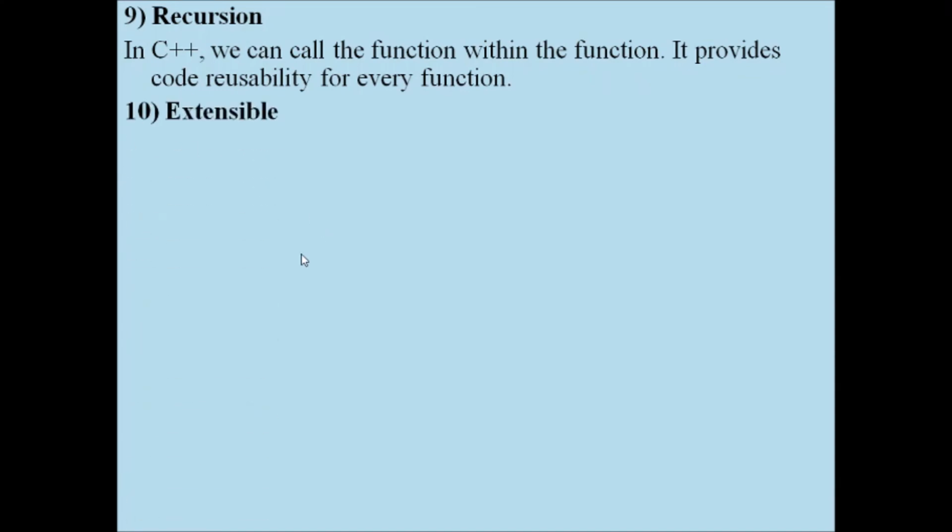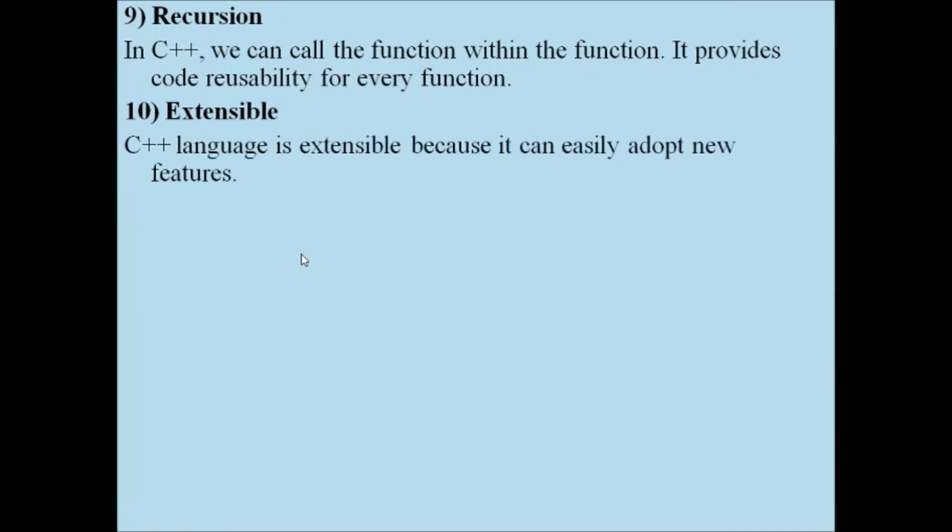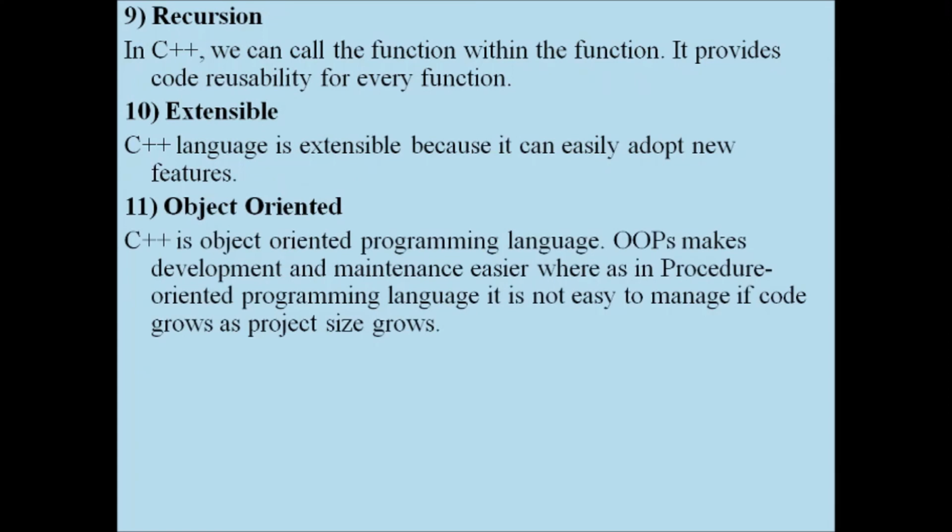And next one, extensible. In case a program needs any extension or modification, it can be done. That's why the next feature is called extensible. And next feature, object oriented. As we know, the language is an object oriented programming language. So that's why this language has many object oriented concepts. Using these we can achieve many different kinds of complicated things.